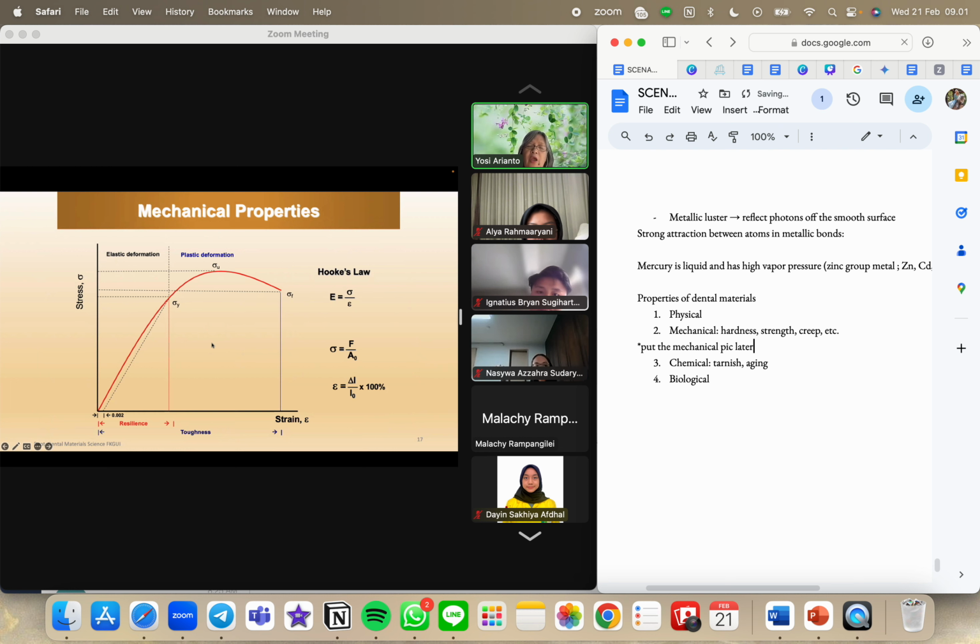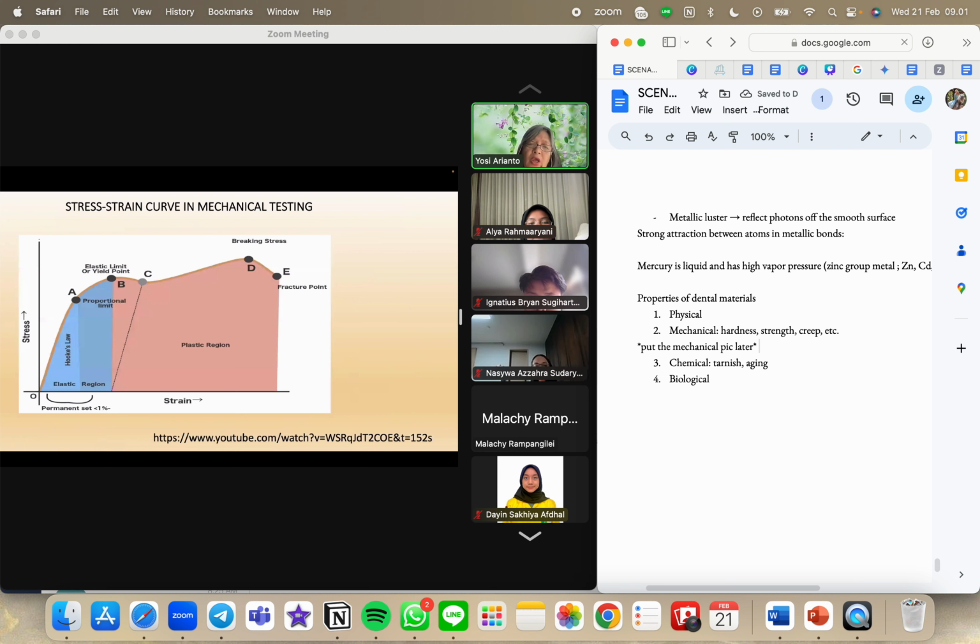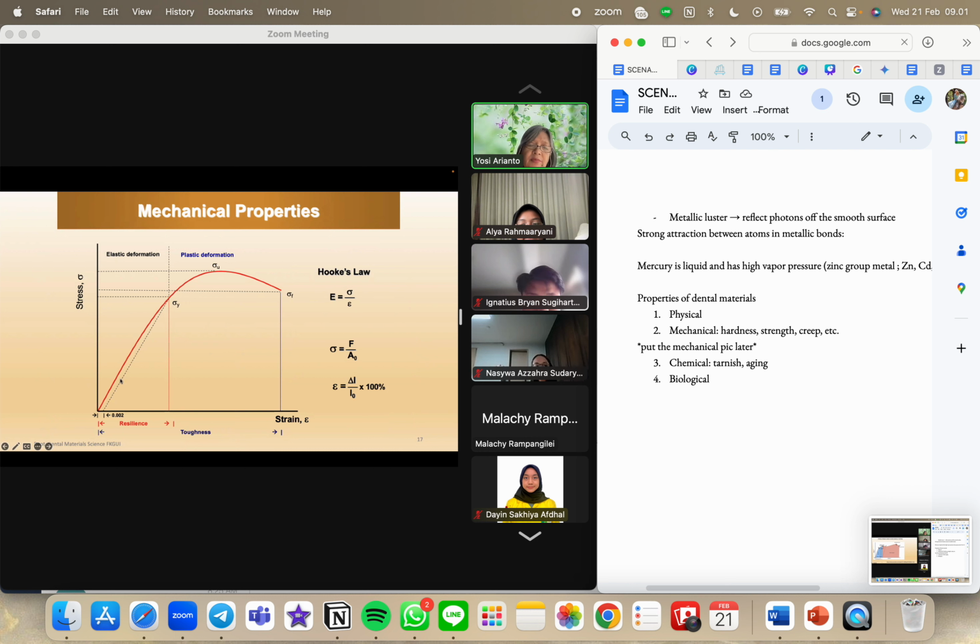If you have a material and you give stress, you give a loading on this material, they resist, but they also deform like this. So when the stress is higher, it will deform like this. In this situation, this is the yield strength, the yield point.